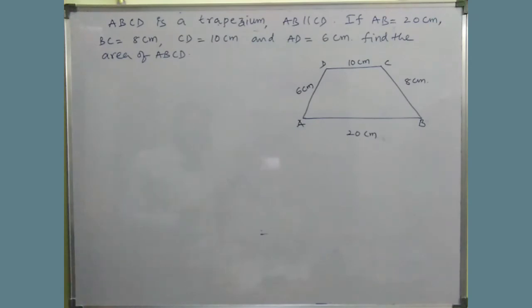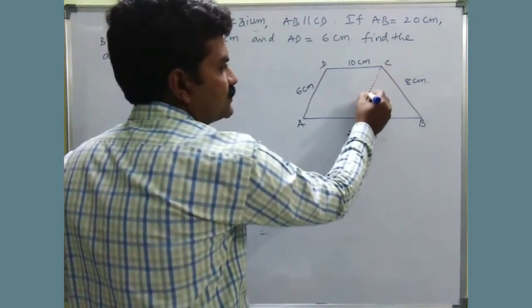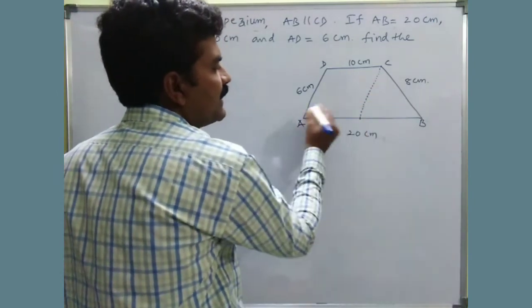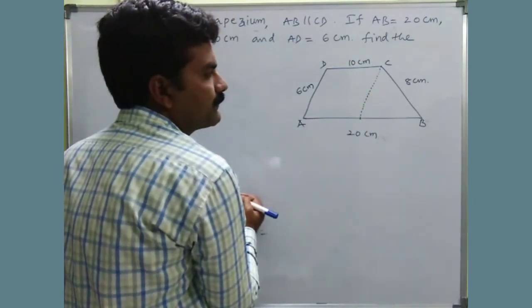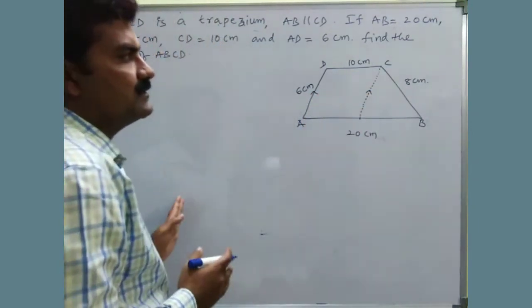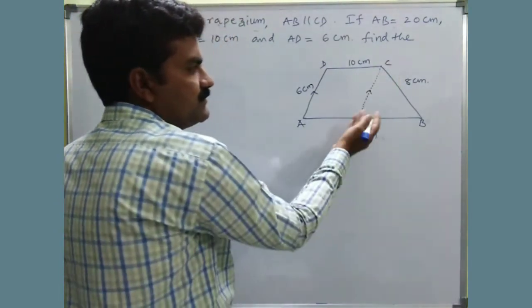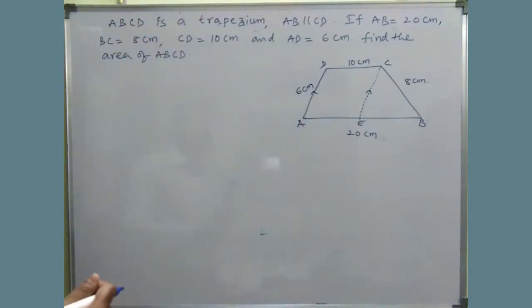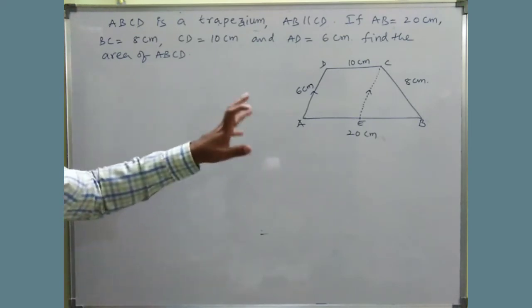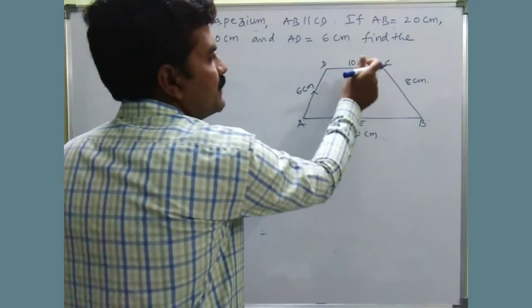Or else do one thing: just draw a line through C which is parallel to AD, line CE parallel to AD. Okay. Now clearly ADCE is a parallelogram.